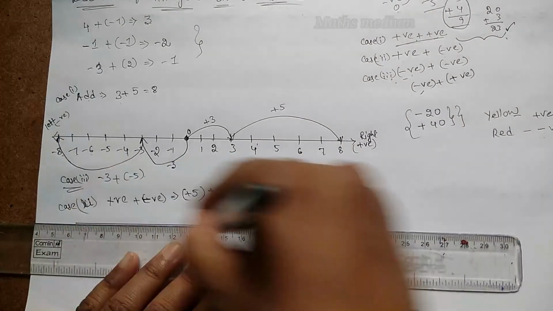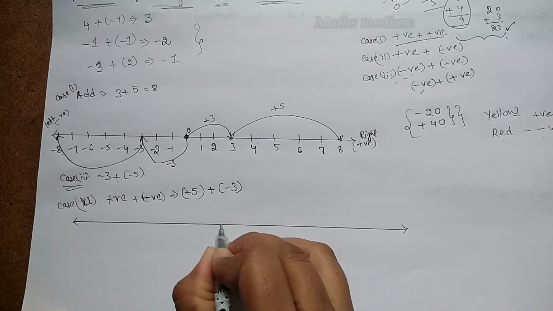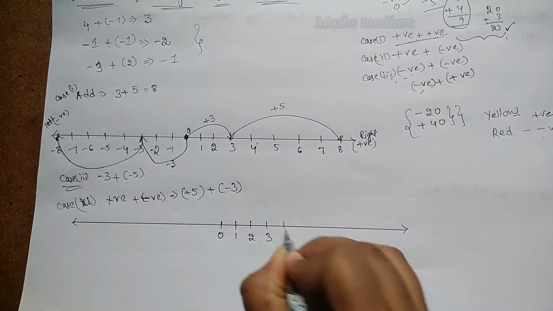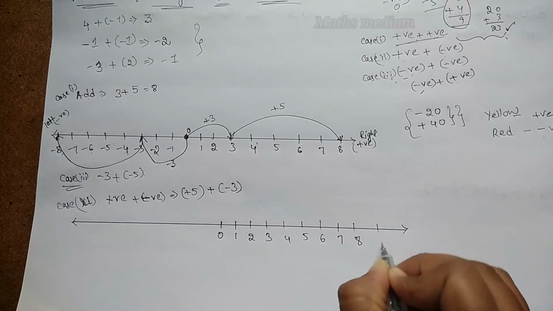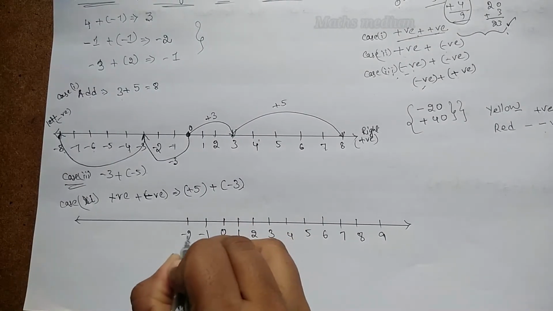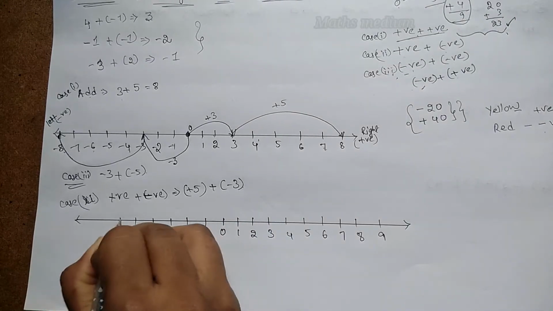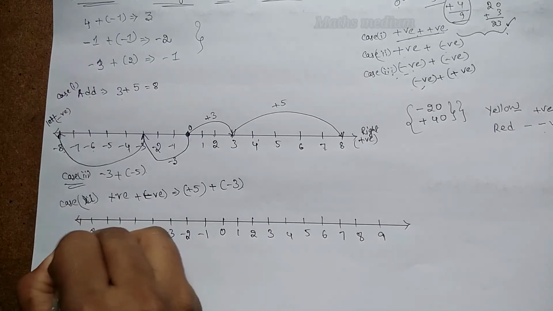Let's take a number line. This is 0, 1, 2, 3, 4, 5, 6, 7, 8, 9. This is minus 1, minus 2, minus 3, minus 4, minus 5, minus 6, minus 7, minus 8 and minus 9.